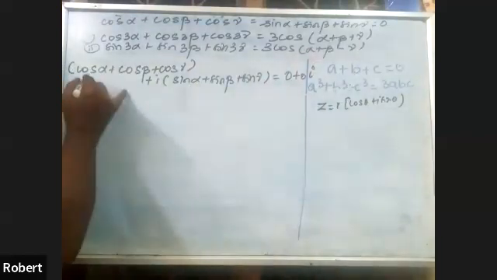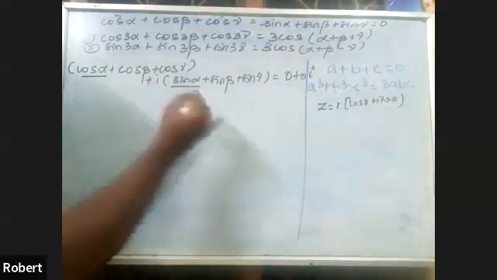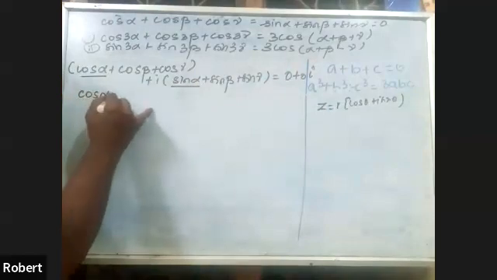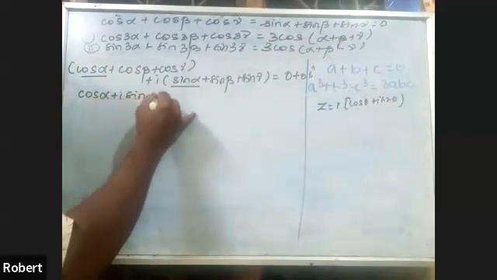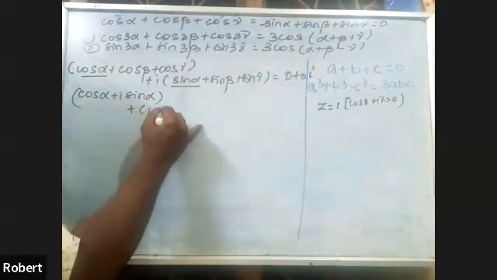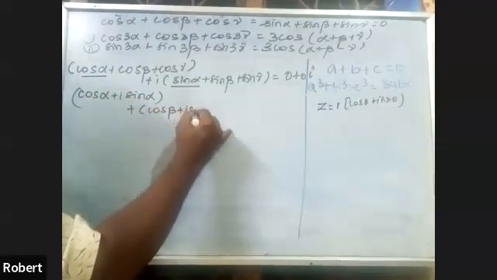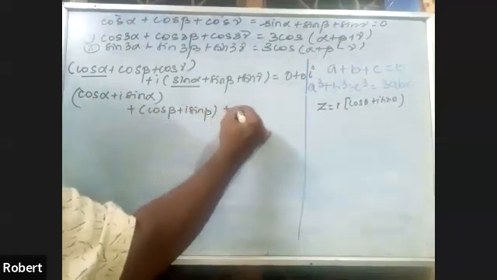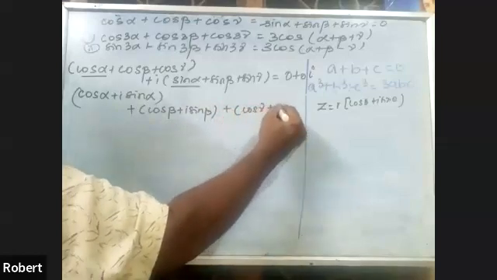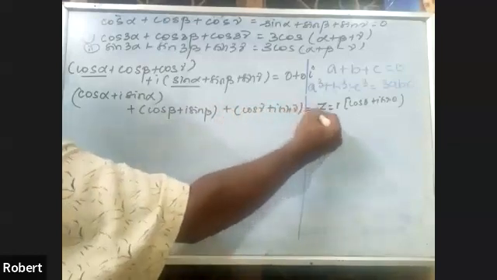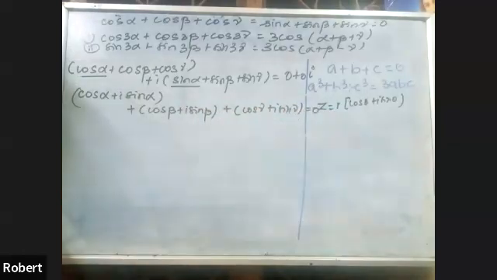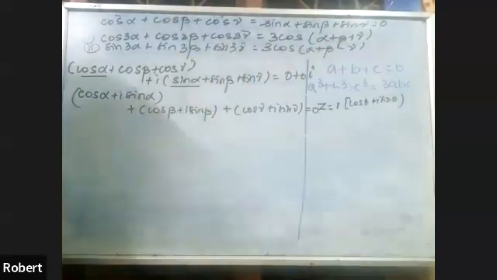Now I can separate real and imaginary. தனித்தனி எழுதலாமா? First part cos alpha plus I sin alpha. Second one cos beta plus I sin beta. Third one plus cos gamma plus I sin gamma, which is equal to 0, because 0 plus 0 is nothing but 0.